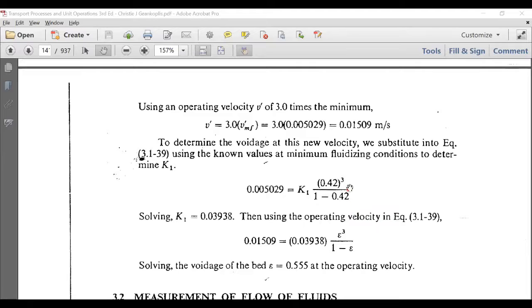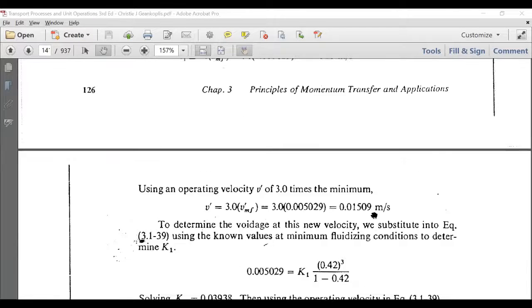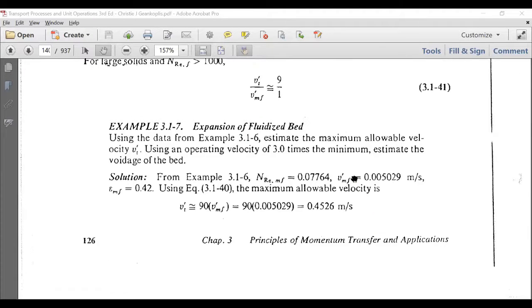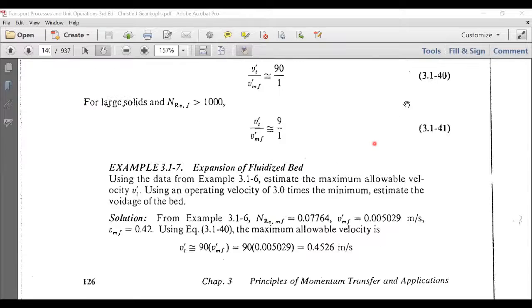Now, maybe you question this: why do we use 3.140 and not 3.141? Because it is less than 0.4, it's only 0.07764, right?